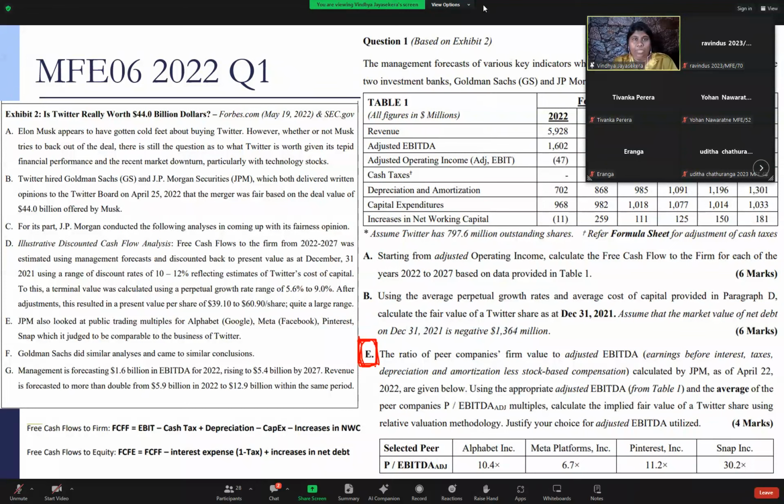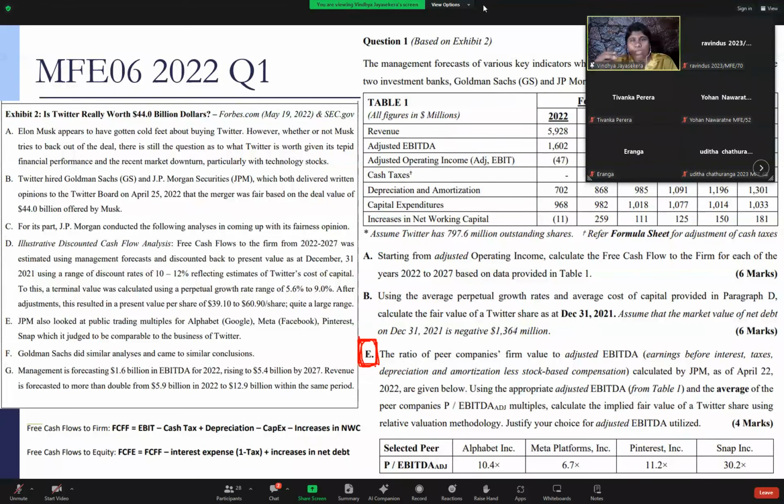So JP Morgan has identified a set of peers. Alphabet is Google. Meta Platforms is Facebook, Pinterest, Snap, right? They've identified a set of peers. And they've said these are the price to EBITDA multiples, price to adjusted EBITDA multiples of these peer companies, right?